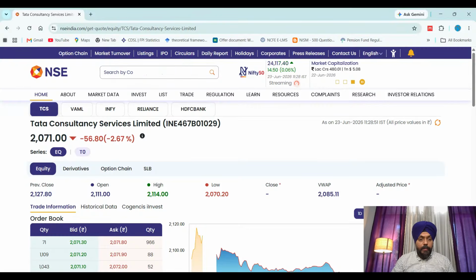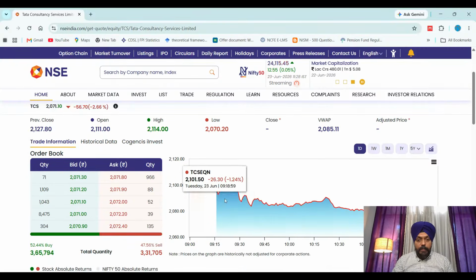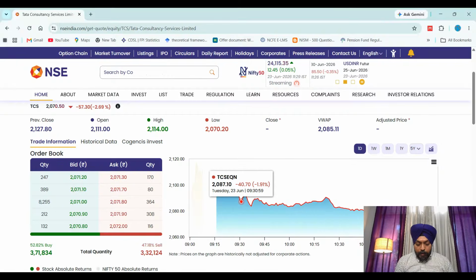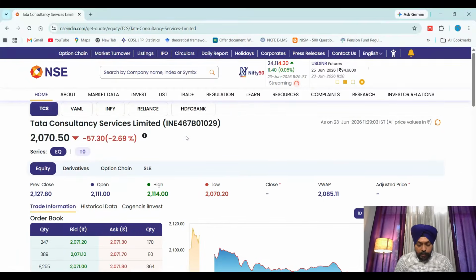So right now the level to watch out for is the 930 M price in TCS. I will note down the 930 M price. You can see it's 2087, 2087. Okay, so this is the LTP, latest trade price, which is 2070.